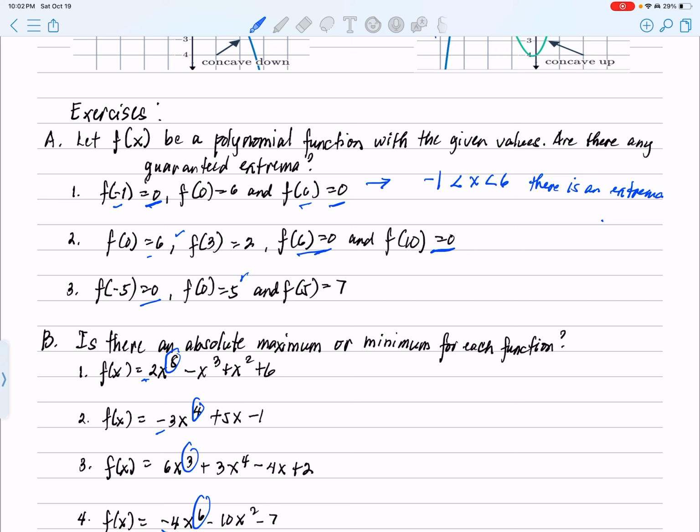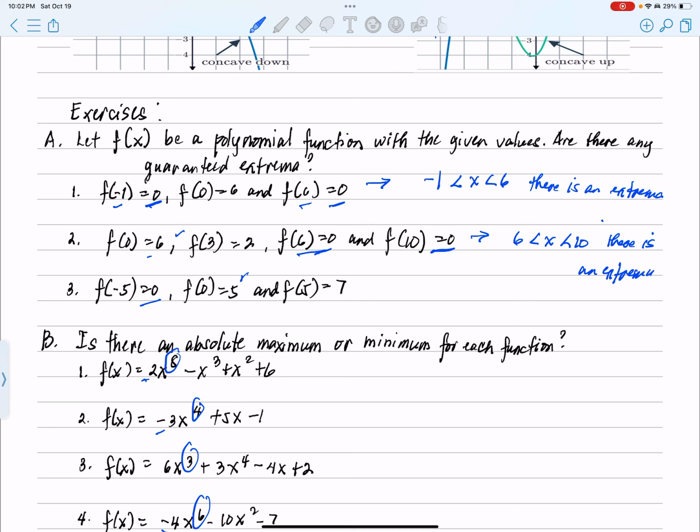So there are two zeros. So in the interval of 6 to 10, okay, there is an extrema. Remember, the extrema happens when there are two zeros, as in the previous definition we did. So there is an extrema.